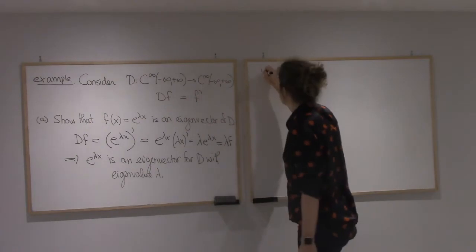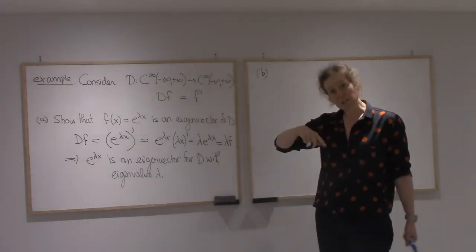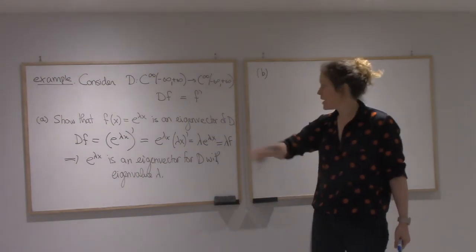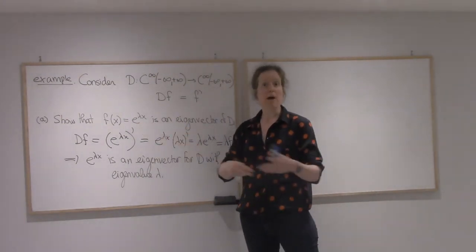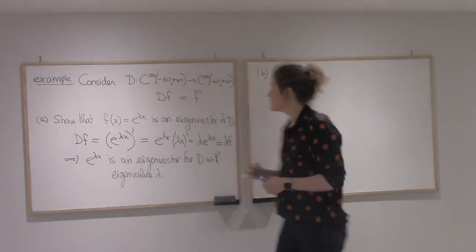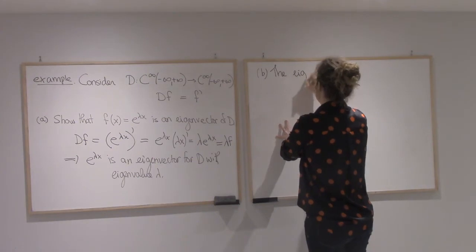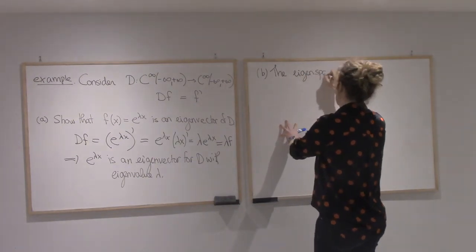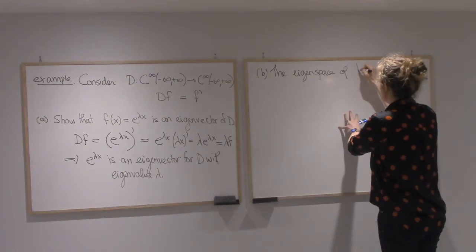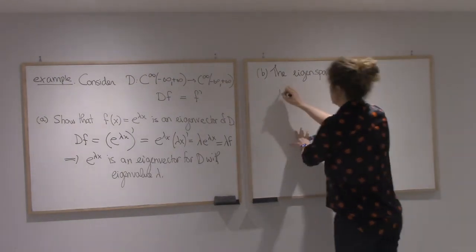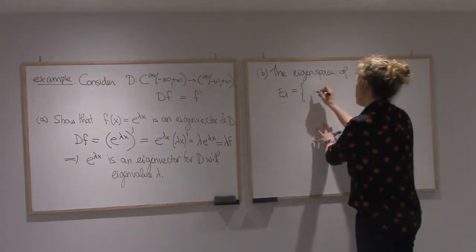In fact, if you look at the eigenspace of the value lambda, you'll get this vector as a generator, as a basis. So that means it's a line parallel to this. So the eigenspace is going to be all multiples.